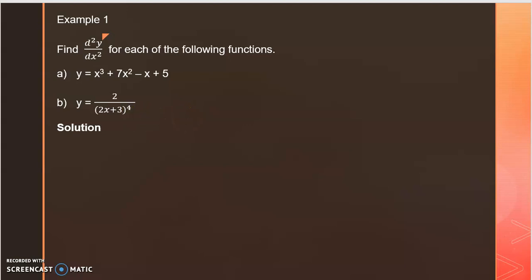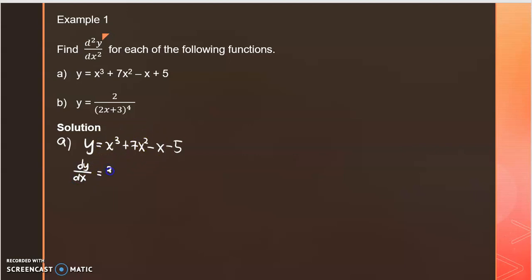Let's look at A. So for A, y is equal to x cubed plus 7x squared minus x plus 5. So for the first derivative, dy/dx, we will differentiate this function.